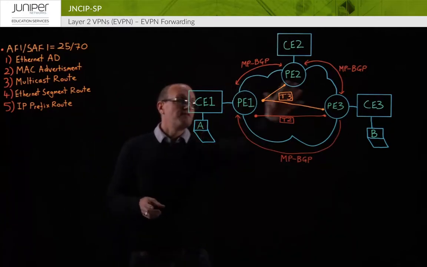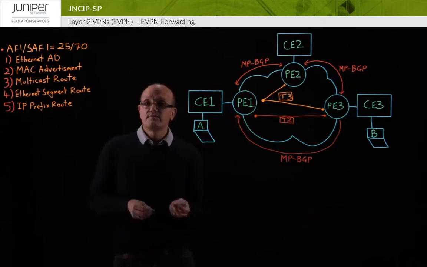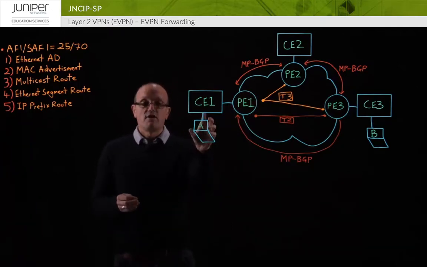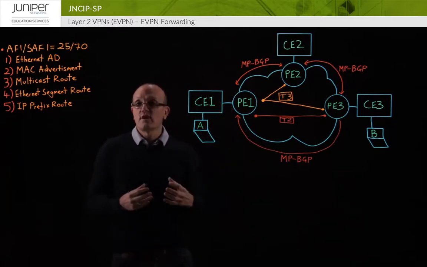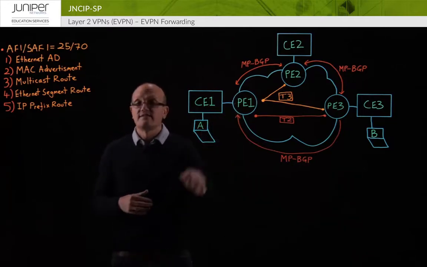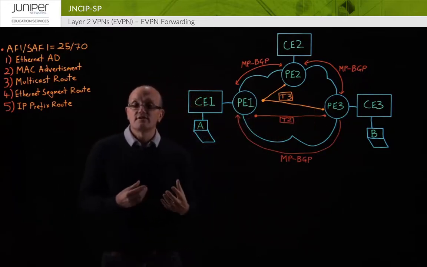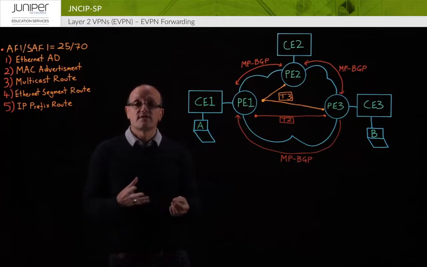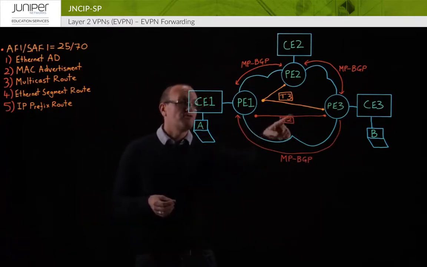So say we have this network here. PE1 has seen the source MAC address of host A coming across this CE interface. So he knows that host A is located behind this interface. To advertise the location of this MAC address to the rest of the network, he uses the MAC advertisement route, the type 2 route.